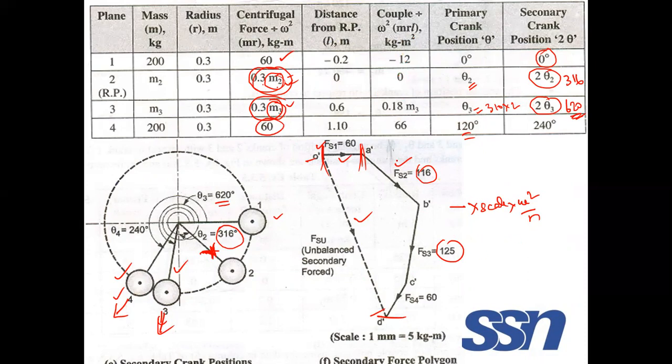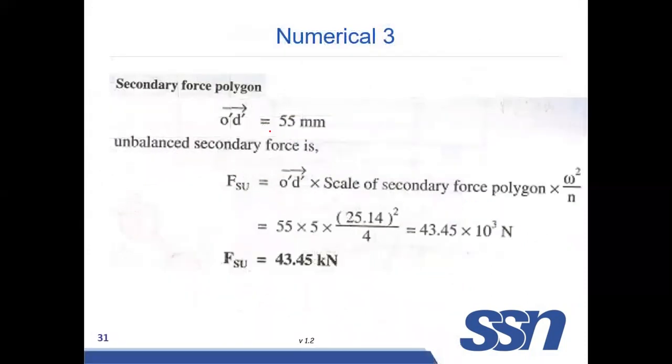So after calculating this, you divide by n. That will give the secondary unbalanced force. Here the distance is 55. Multiply with scale, omega square divided by n. So this will be the unbalanced force.